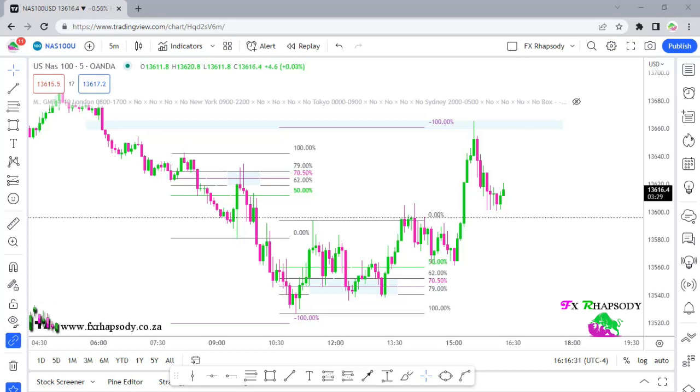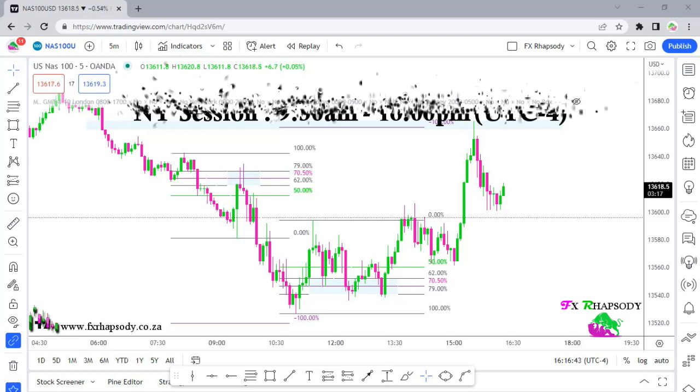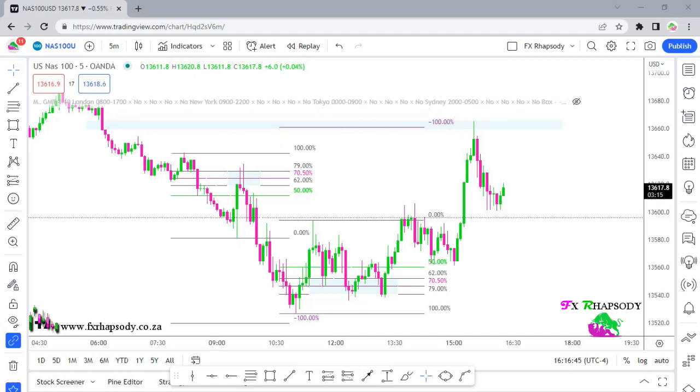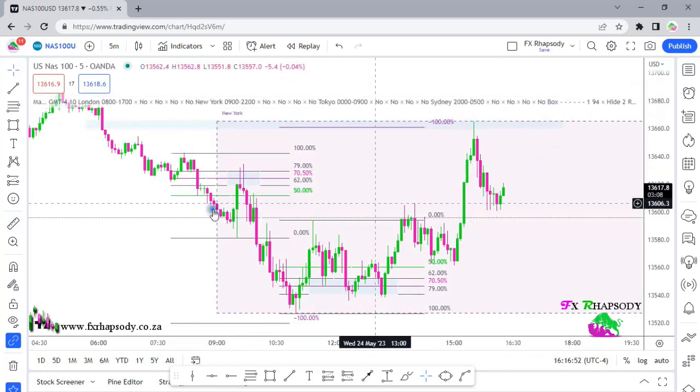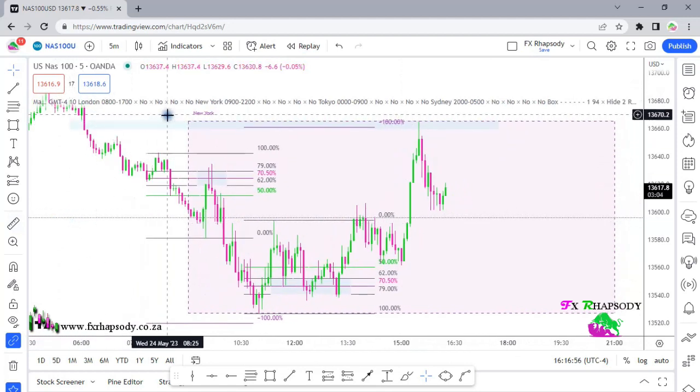So Nasdaq is at its most volatile during the New York session. Okay, the New York session normally opens from 9:30 a.m. to 4 p.m. But I mean, you can start looking at trading Nasdaq anywhere from 9 a.m. to 4 p.m. every day. Now on the chart, I can show you, you can mark it out yourself or have a little indicator like I've got here.